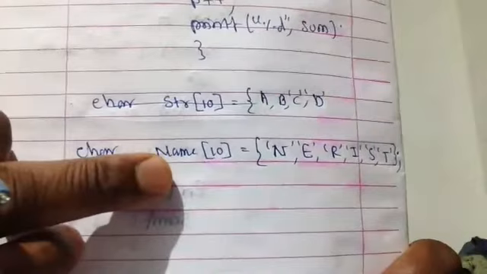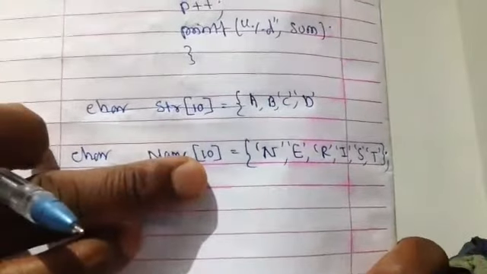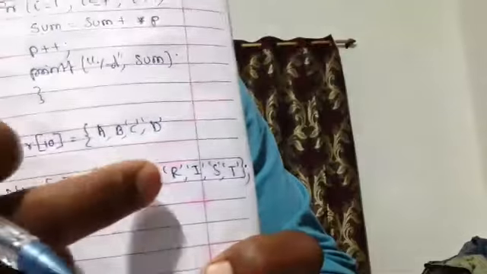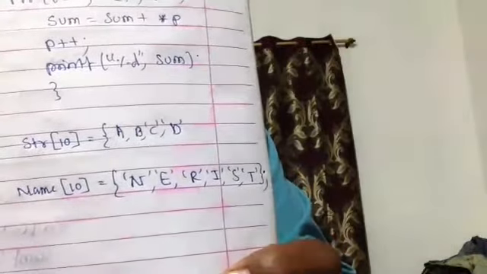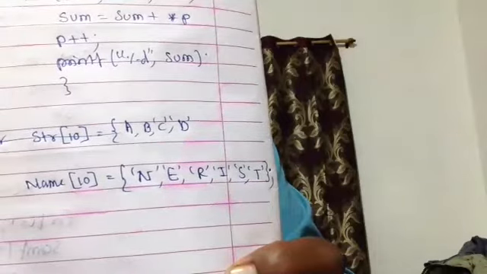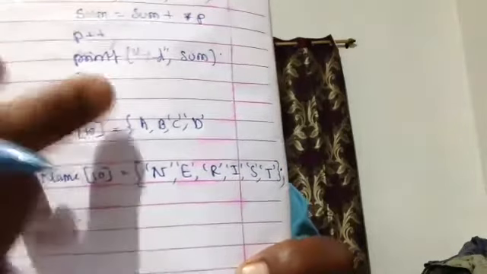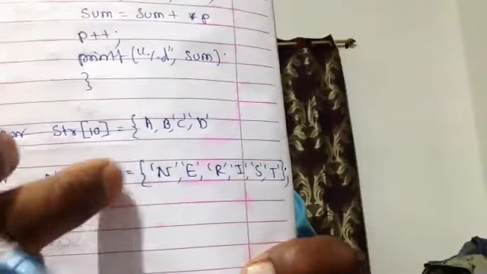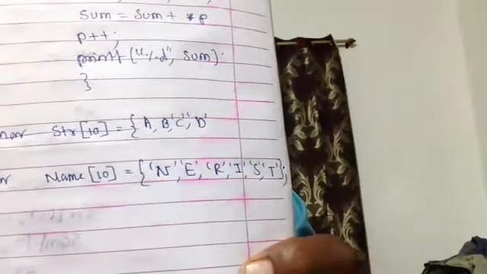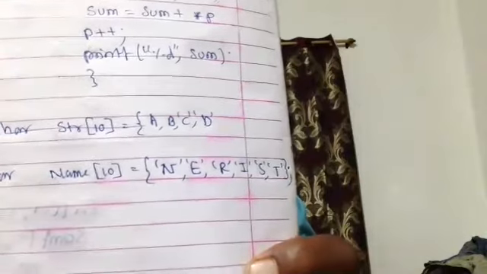Name. Having 10 spaces. Out of 10 spaces, you are using only 6 spaces, and this is fixed. You can't change it. It's clear? This is a character declaration of constant value. Okay.